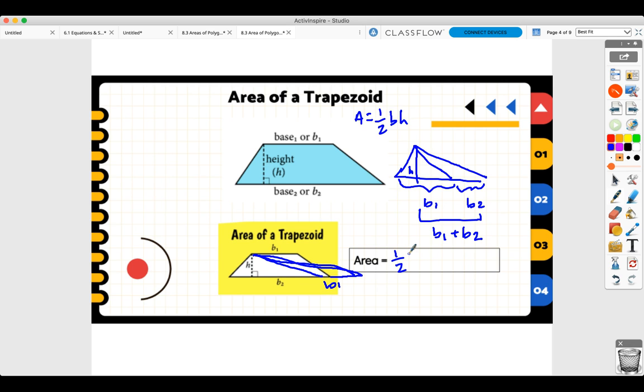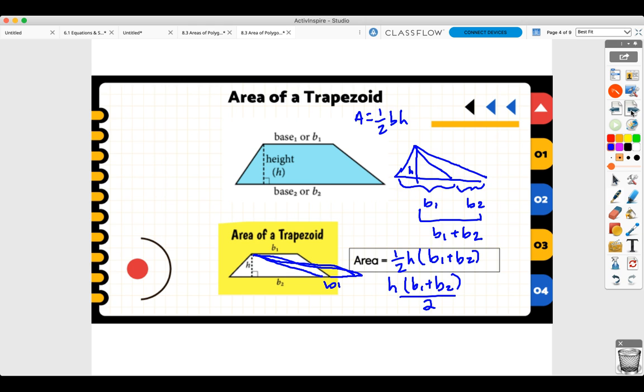So it's 1/2 height times base 1 plus base 2. You could also rewrite this as height times base 1 plus base 2 divided by 2. So you're basically taking the average of the bases, multiplying by height, and then dividing it by 2.